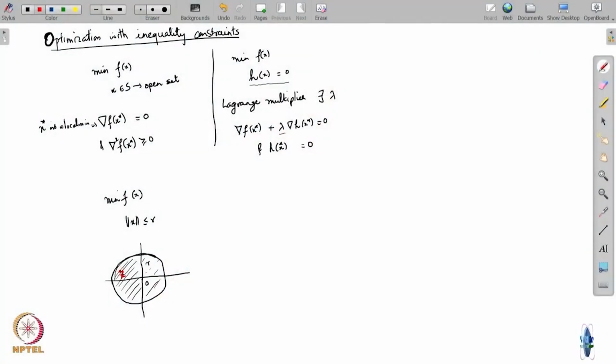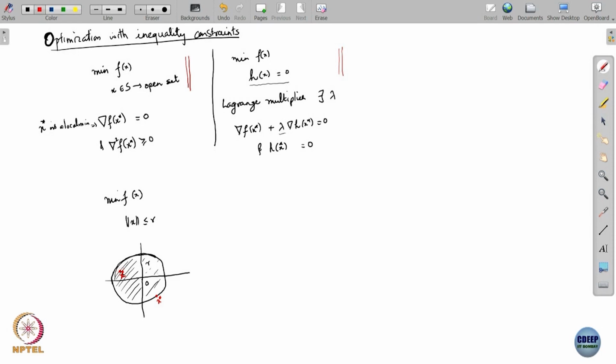So, I can take a small enough neighborhood around x star which lies completely inside the ball, and x star is a minimum over that neighborhood. Then the problem would take the character of optimizing a function over an open set. Whereas if my x star is here on the boundary, or on the shell of this region, then the problem would take the character of the equality-constrained one, because you would be satisfying h x equal to 0, or in this case norm x equal to r.